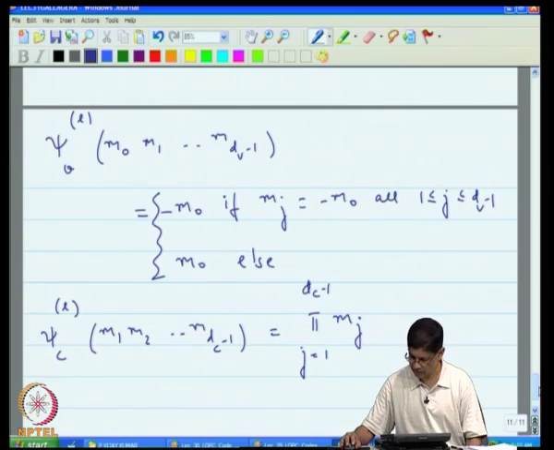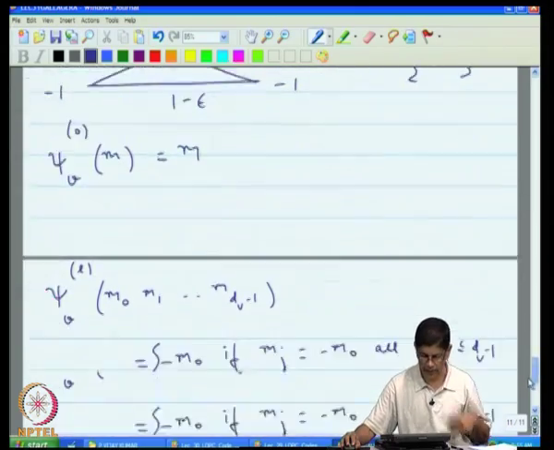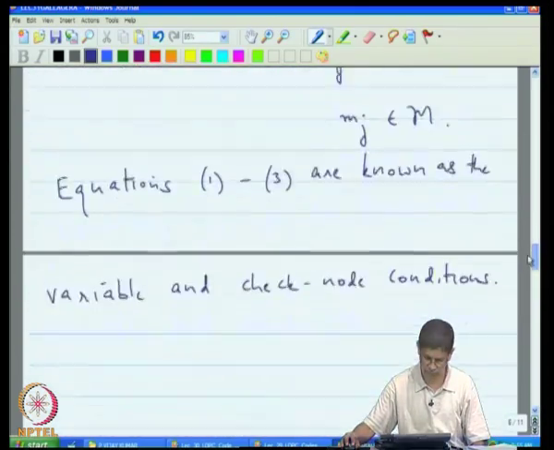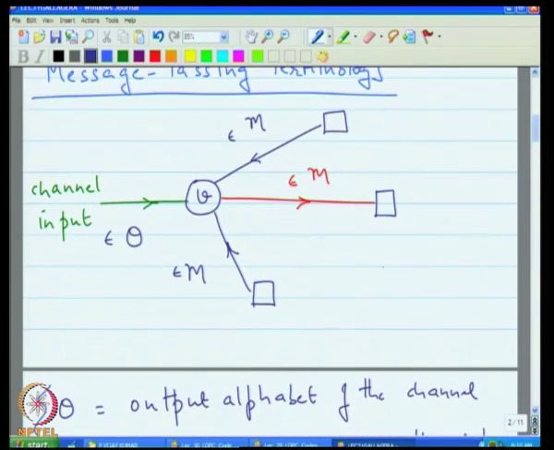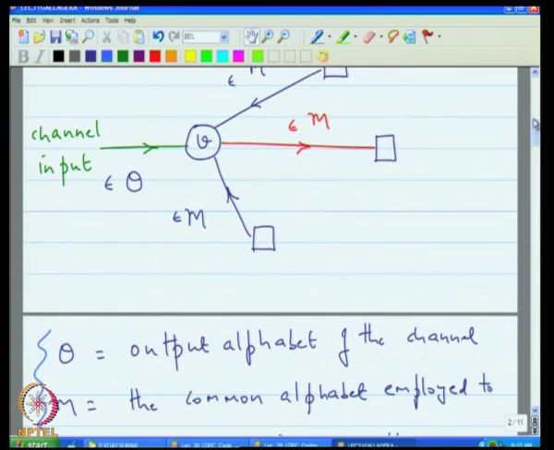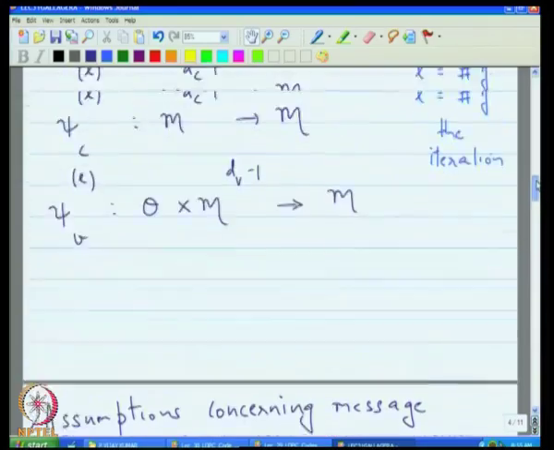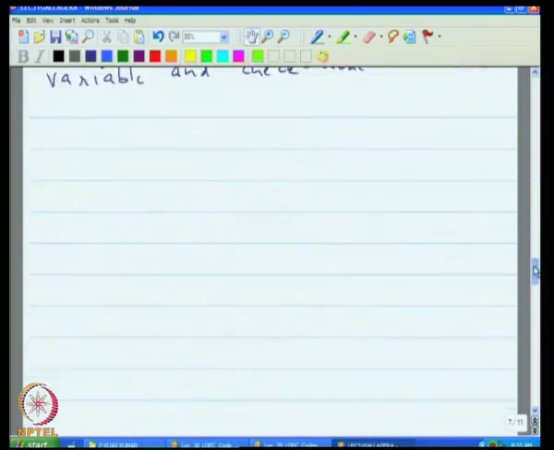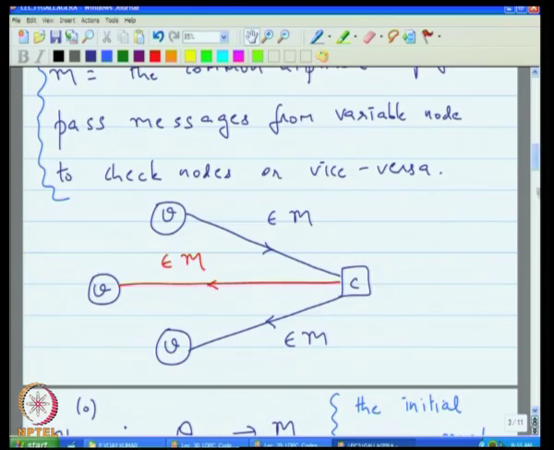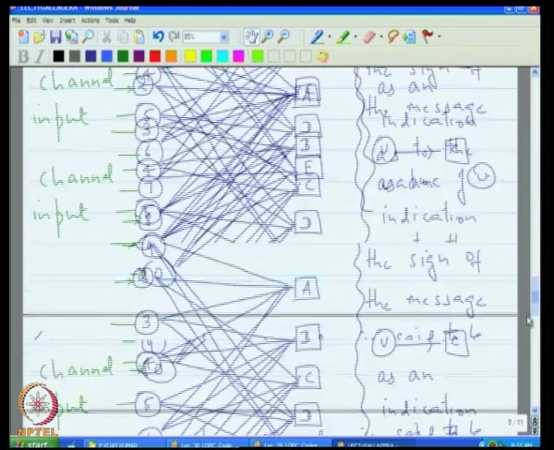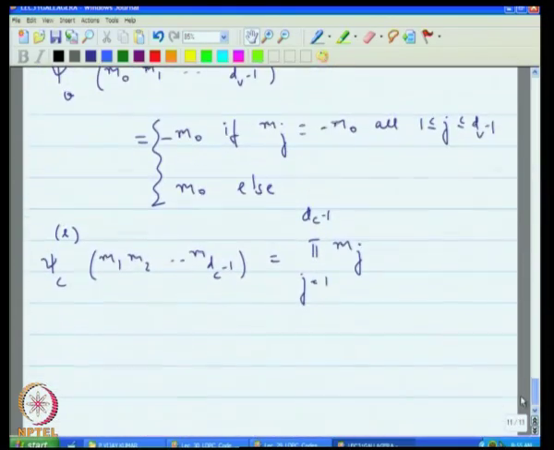Now, with this the decoding algorithm is very clear, right, because what we have done is we have identified the action during decoding that is actually taken by a variable node, and we have also identified the action taken by a check node during decoding. So, now we would like to actually do performance analysis.